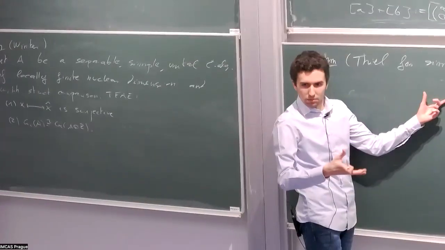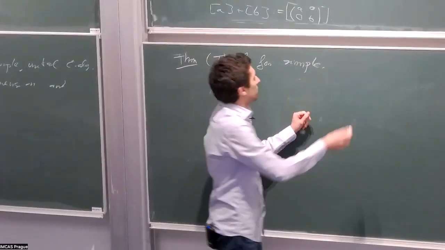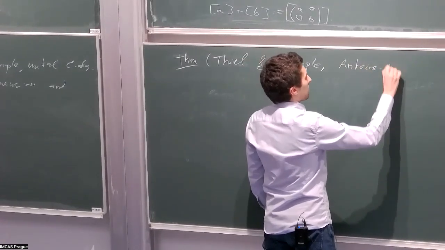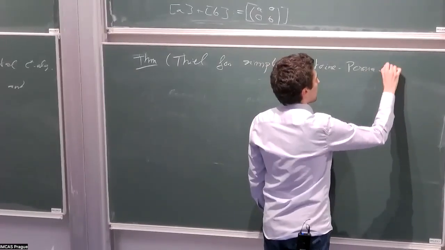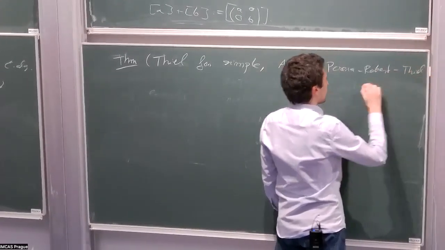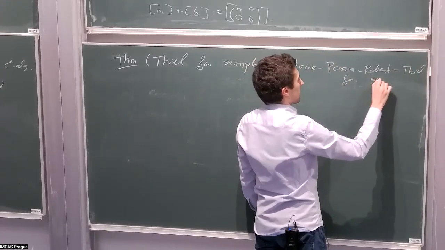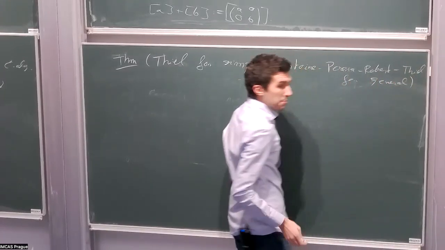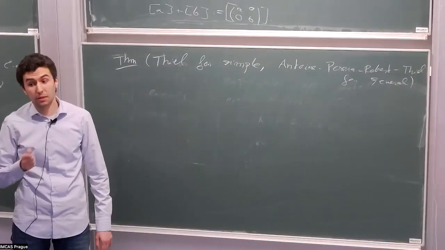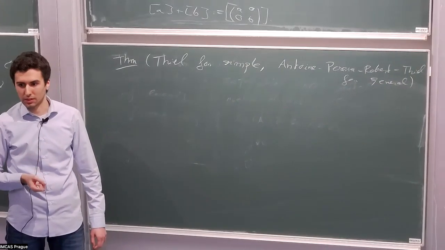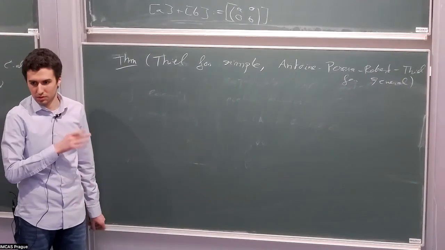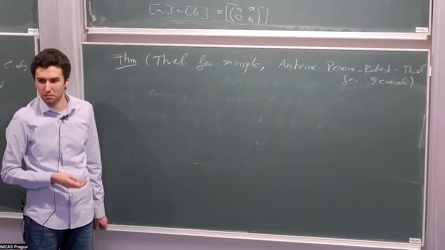So simple meaning simple C*-algebras, not easy. And then Antoine, Perera, Robert and Thiel for the general case. It's the same thing. Simplicity of the Cuntz semigroup is the same thing as the C*-algebra being simple.